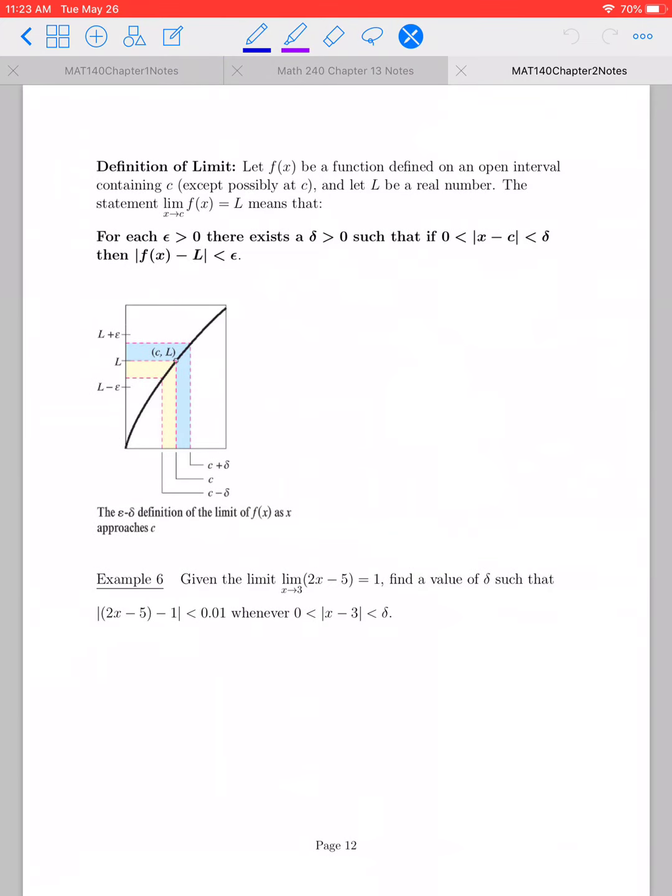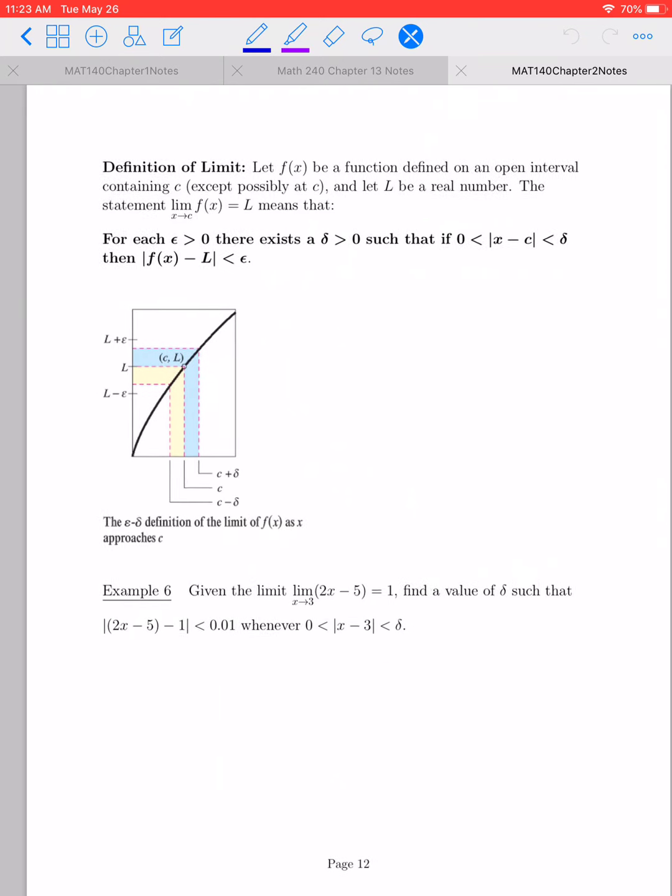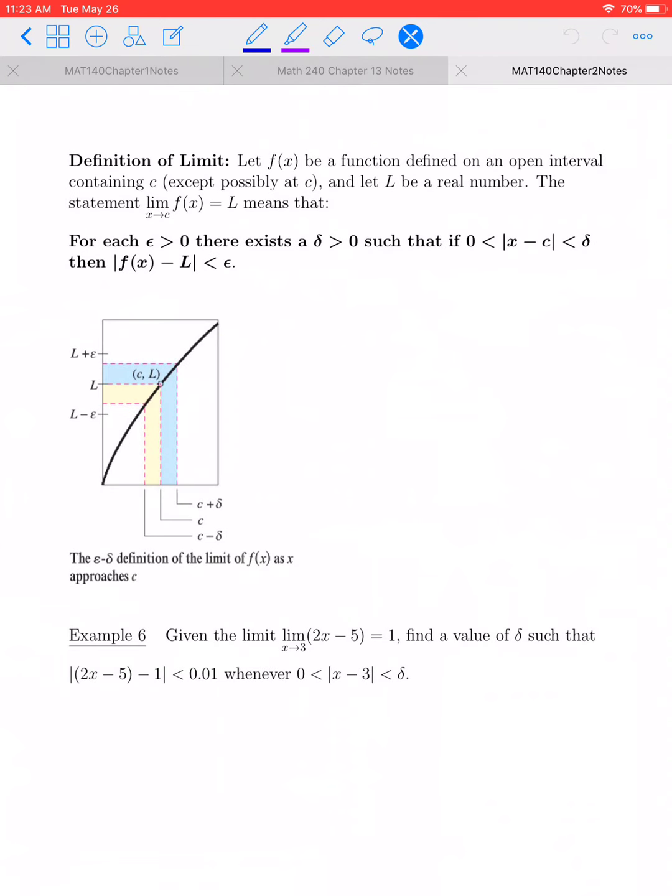This brings us to what's referred to as the epsilon delta definition of a limit, the proper definition of what this limit means. The limit as x approaches c of f of x equals L means the following. For each epsilon greater than 0, in other words, no matter how close you want my function values to get to this limit, I can make the difference between f of x and L as small as I like by taking x sufficiently close to c.